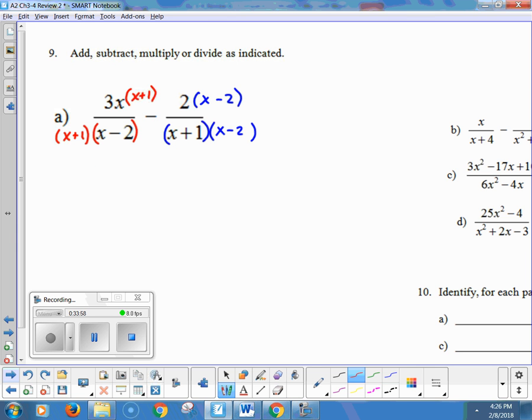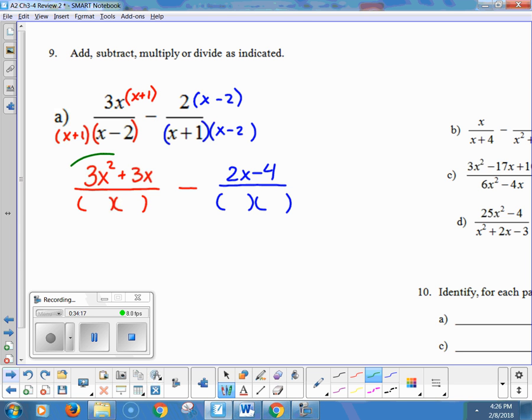The numerator of the top fraction just became 3x squared plus 3x over some stuff, minus 2x minus 4 over some stuff. And now that we have a common denominator, we can combine the numerators, but just keep in mind that this negative sign applies to the entire package of that numerator.